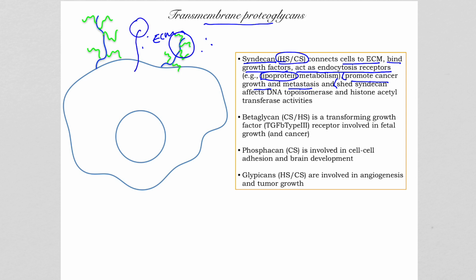And interestingly, this syndecan can enter the cell and go to your nucleus and affect the cell signaling right there. Syndecan can affect very important enzymes involved in DNA metabolism, such as DNA topoisomerase and HAT, histone acetyltransferase, all of which we'll talk about in future videos.